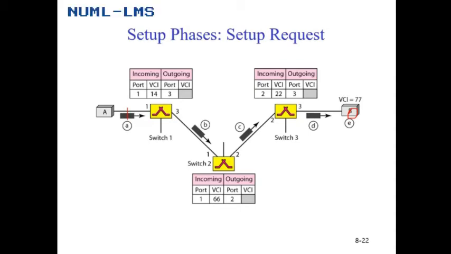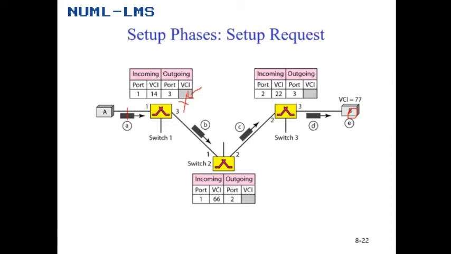So we can see here in the setup phase, when we are transmitting data to station B, this entry is not there. All 3 entries are there. Port 1 VCI 14 will reach, so port 3 will forward it to switch number 2. We don't know whether switch number 2 is available, busy, or has so much transmission load.